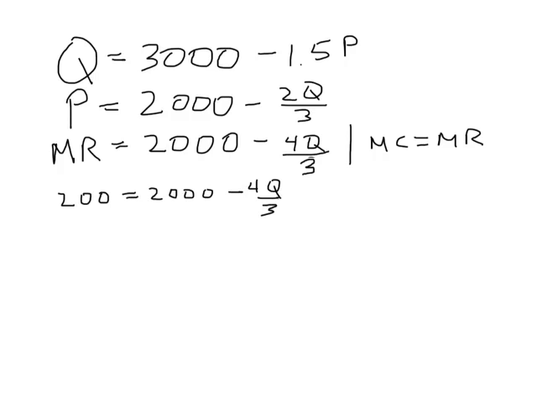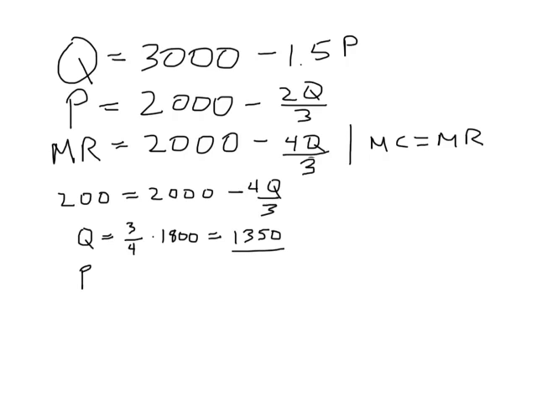When I solve, I've got Q and nothing else, so I can solve for Q. That's equal to 3/4 times 1,800, which is equal to 1,350. That's the quantity when I did it this way.